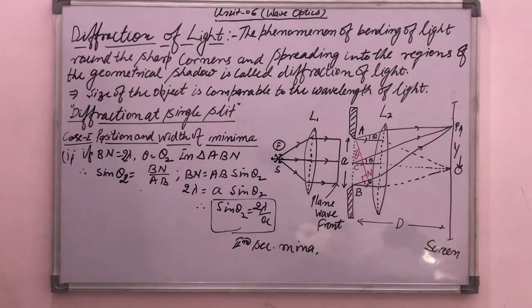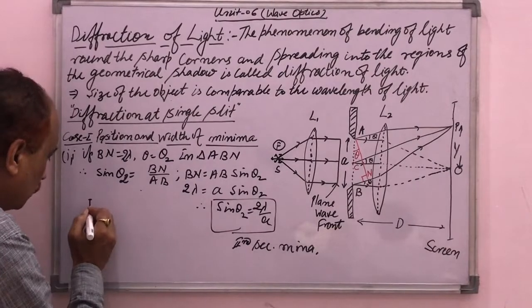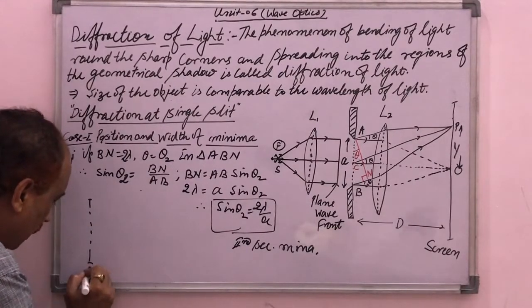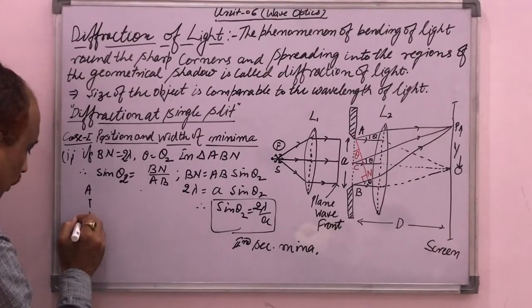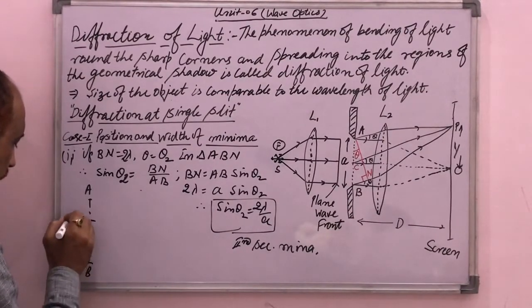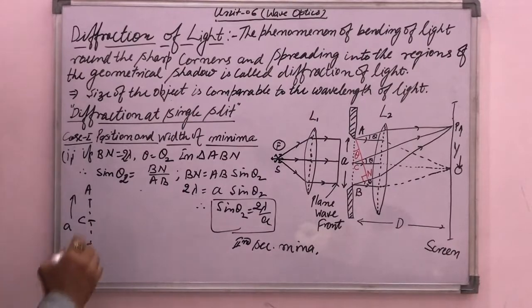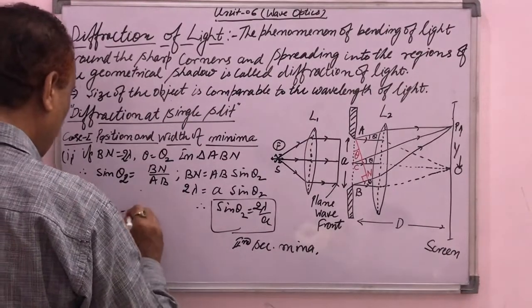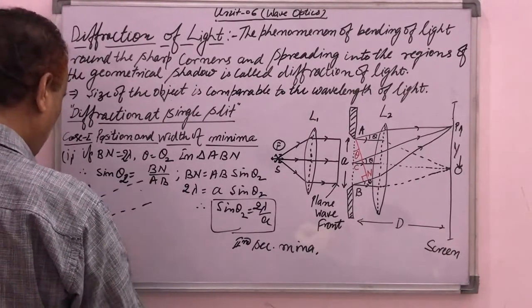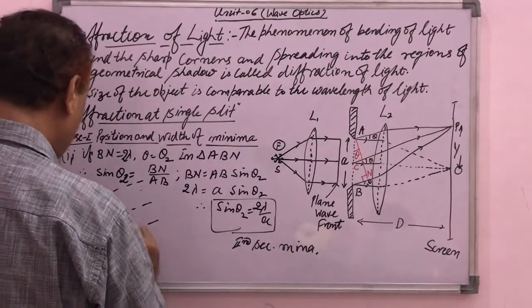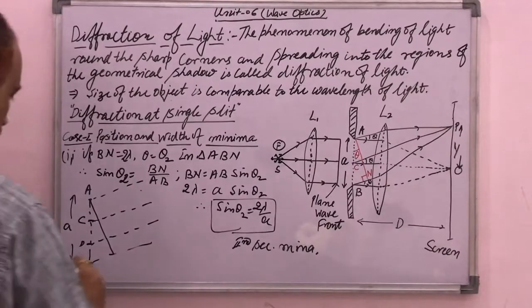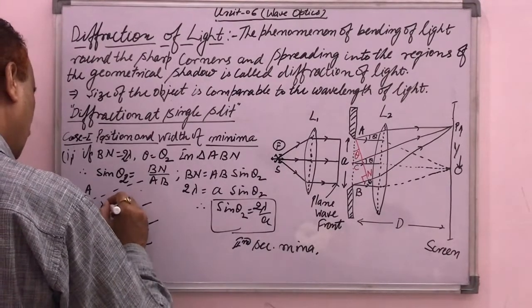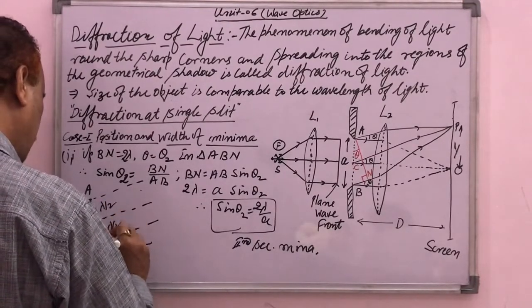In that situation, we have to assume that the slit AB is divided into 4 equal parts, with points C, D and E, and the width is the same, equal to A. Again the path difference is lambda by 2 for each part.